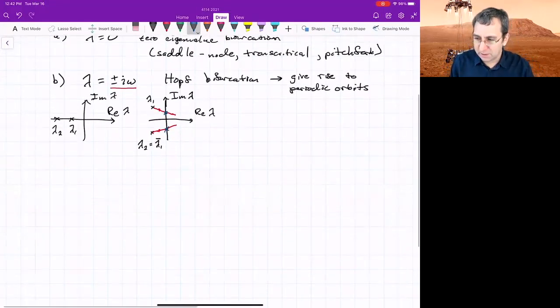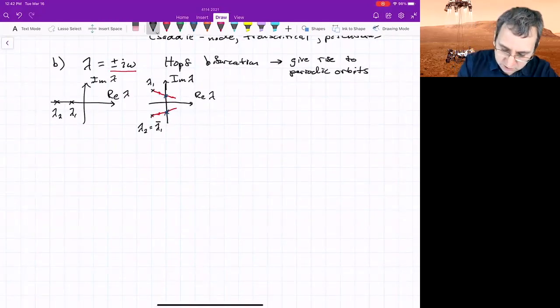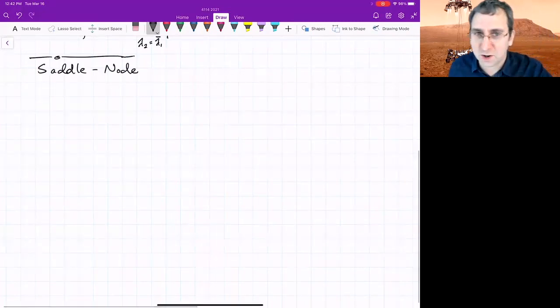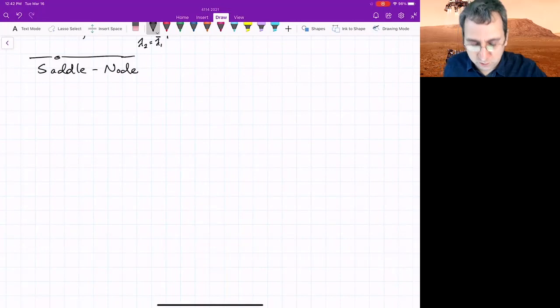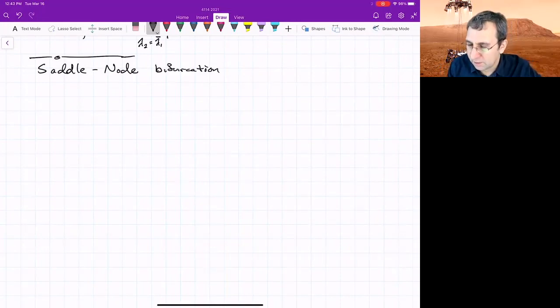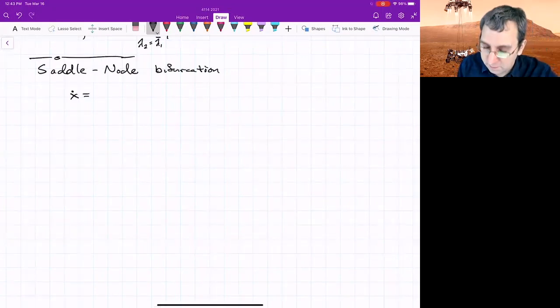The first zero eigenvalue bifurcation, the kind of one that makes sense to look at, is the saddle node bifurcation. And this will also give some meaning as to why it's called saddle node, when in 1D it didn't quite make sense. The prototypical example: the normal form for a saddle node bifurcation in 2D would be just like we had for the 1D system.